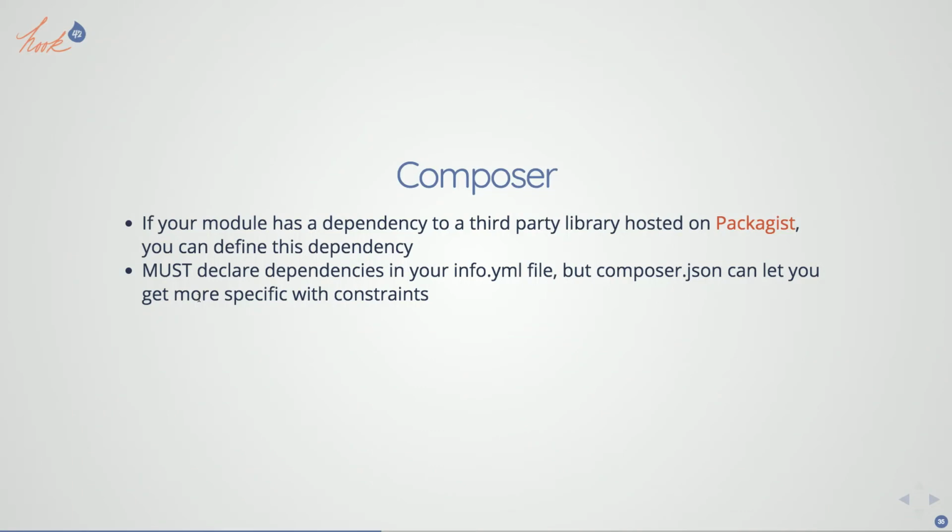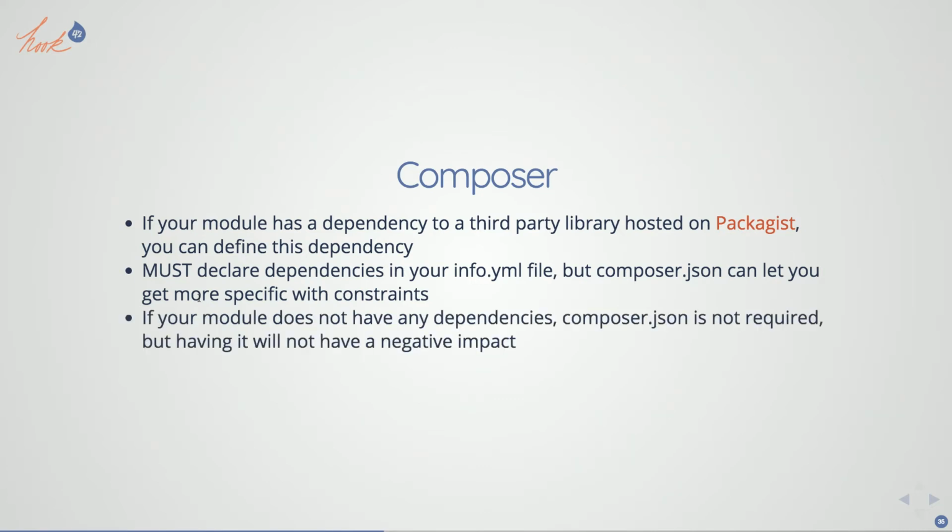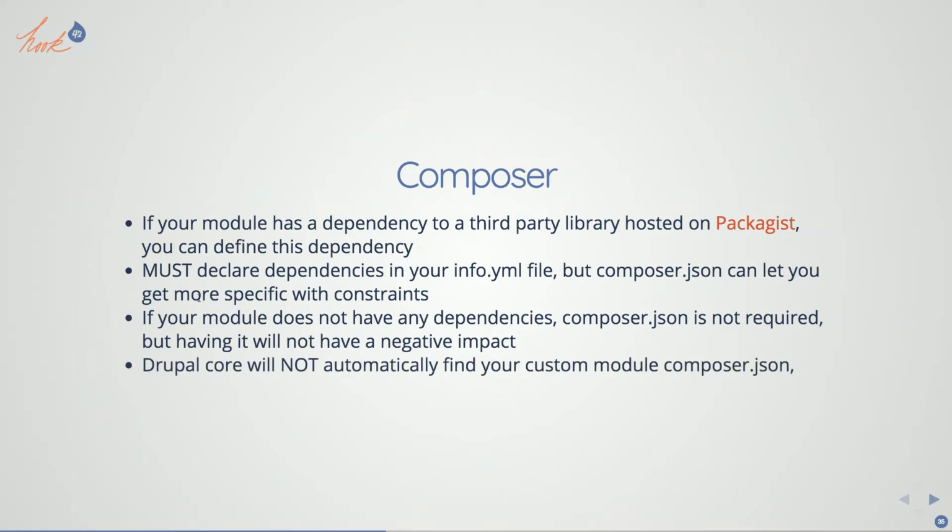So that's where Composer is very helpful, because you can get really nitty-gritty on what version of something you want to use. If your module doesn't have any dependencies, you don't have to do a Composer, and it's not a required file. The info.yaml has to have those dependencies, but adding it will not have any negative effect on your module.